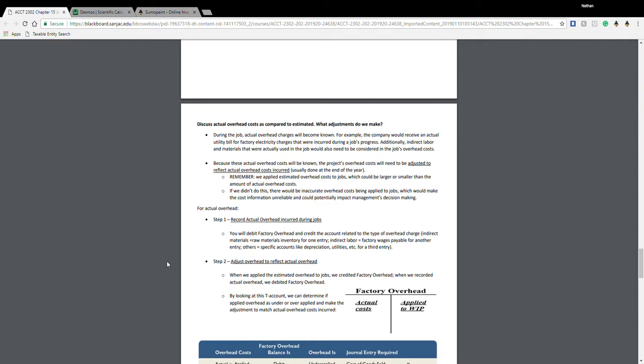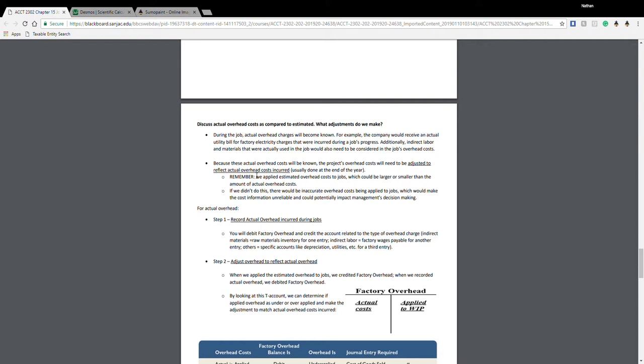And then we get to consider it in actual overhead. Because the actual overhead costs now will be known, we have to adjust factory overhead due to that. So we are adjusting to reflect actual overhead costs incurred, usually done at the end of the year.